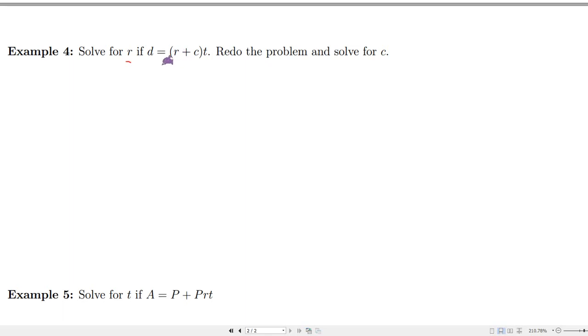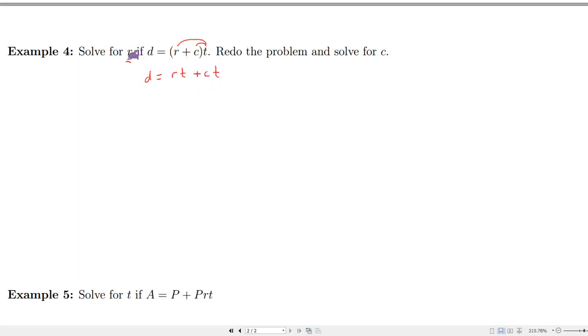Now our strategy when we were solving linear equations, we're going to do the same thing in this situation. So we're going to first use the distributive property, and we're going to multiply this t in on the right side. So we'll actually end up with d is equal to rt plus ct.